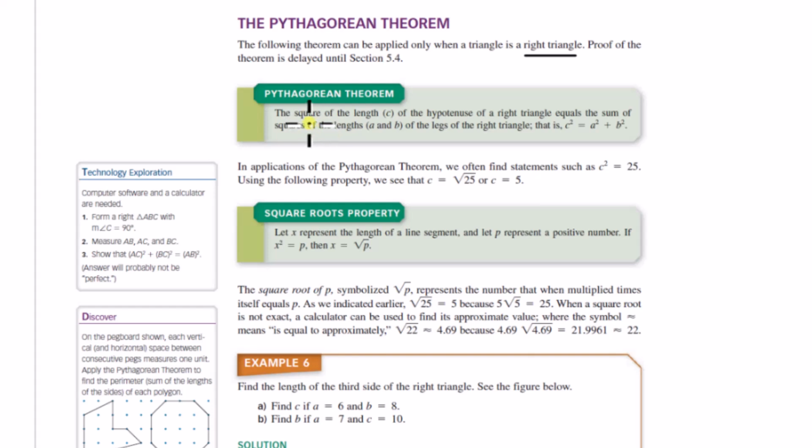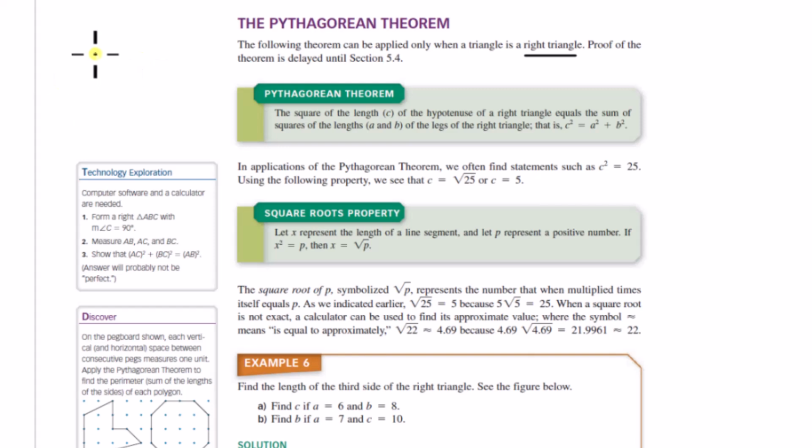So the Pythagorean theorem says that the square of the length of the hypotenuse of a right triangle equals the sum of the squares of the length of the legs of the right triangle. So yeah, this is really, really useful.